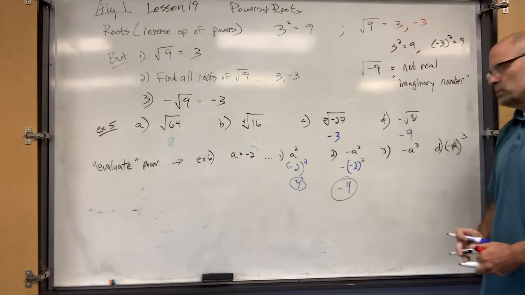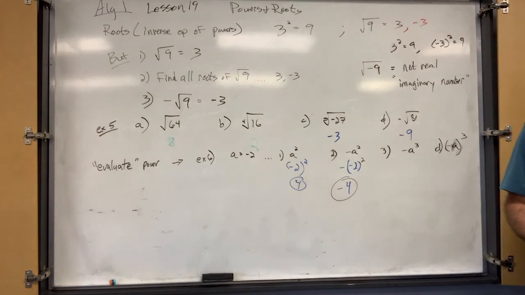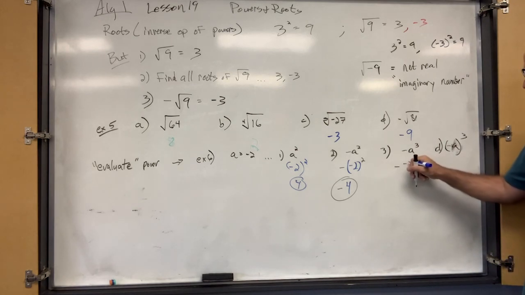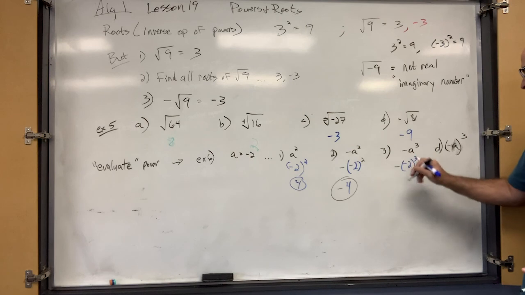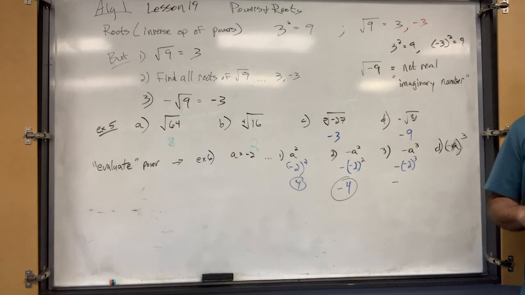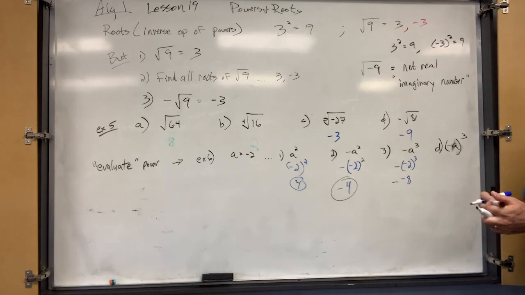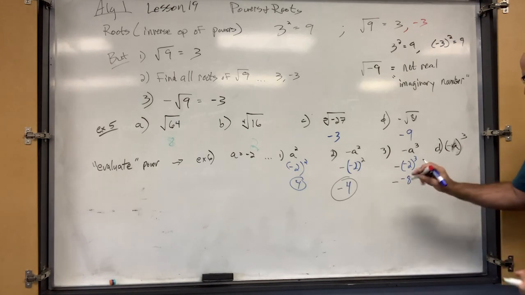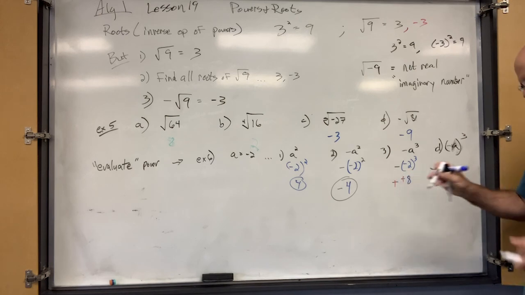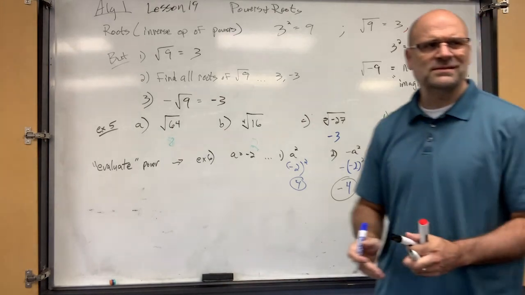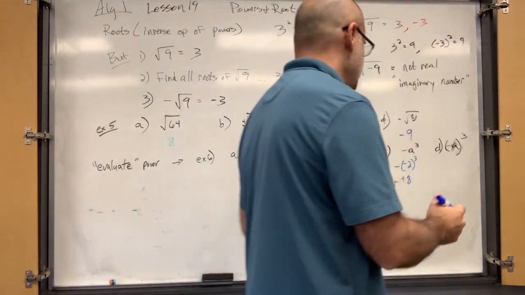Okay? What about -A cubed? 8. Right, because this is (-2) cubed, so this is -2 times -2 times -2. That's 3 negatives. So -8, so that becomes a +8. That's confusing. So write it out. It's confusing, especially if you do it in your head.